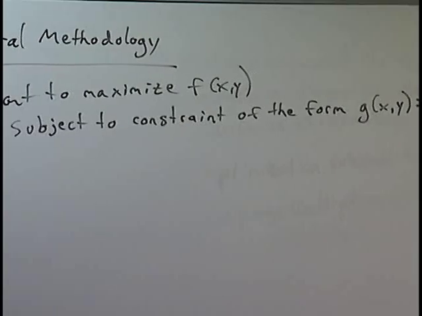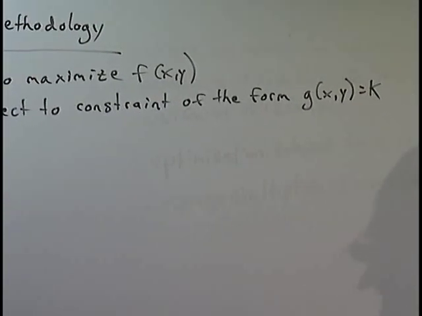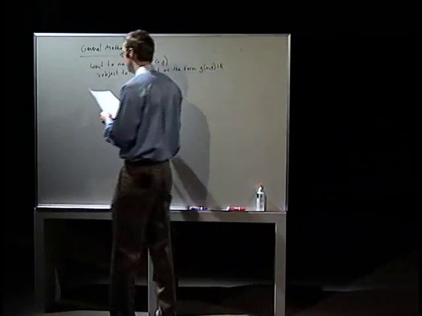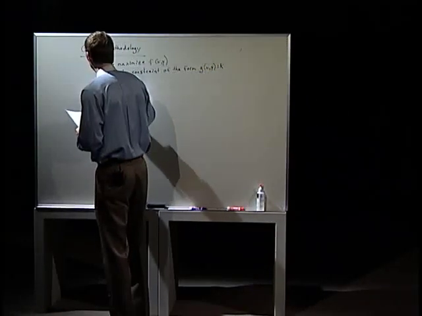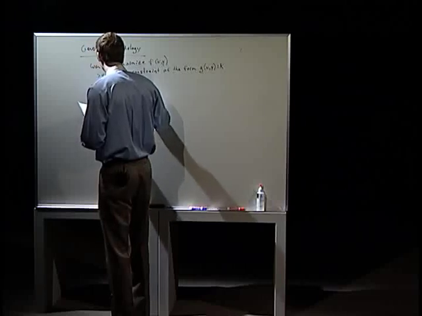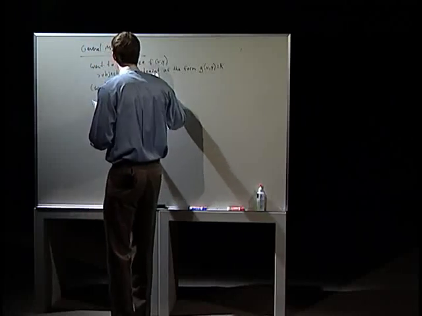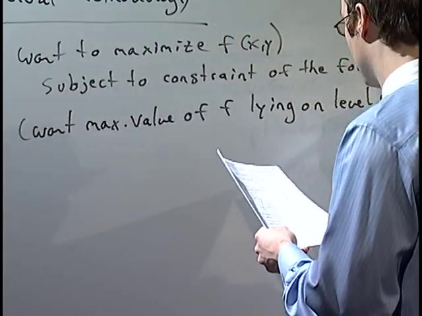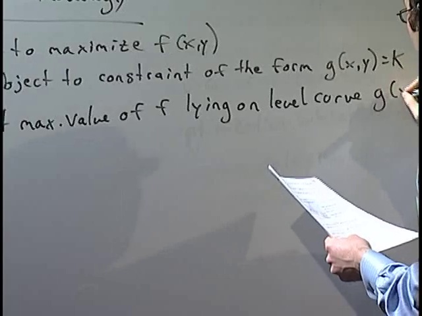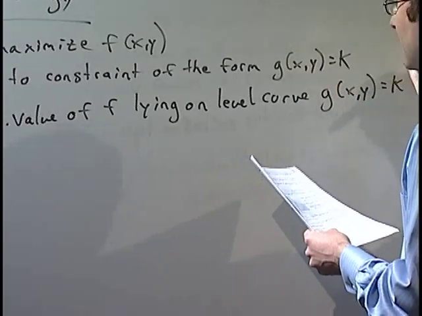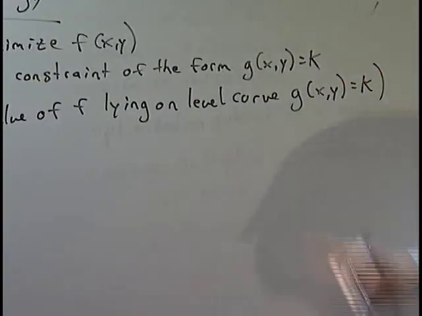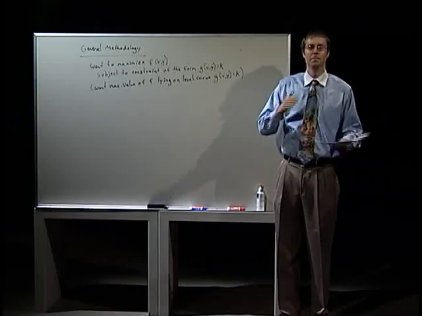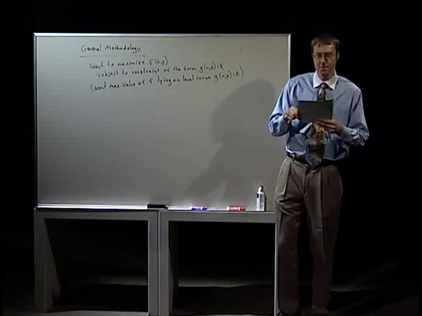So some function of two variables that is a constant value, or a level curve of some function g. So you want the max value of f lying on the level curve g of x, y equals k. And certainly if I wanted to minimize, it's the exact same idea. I'm just using maximize, and you can just move over to the minimum case without any change.